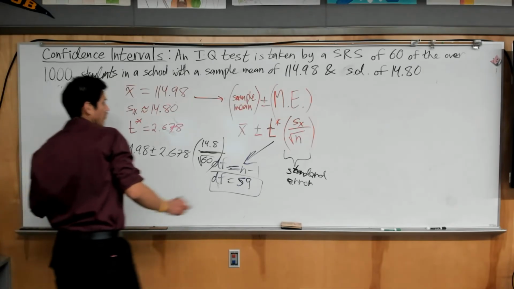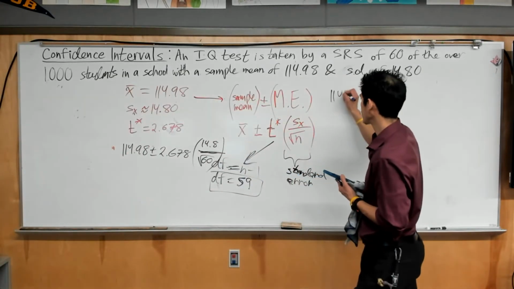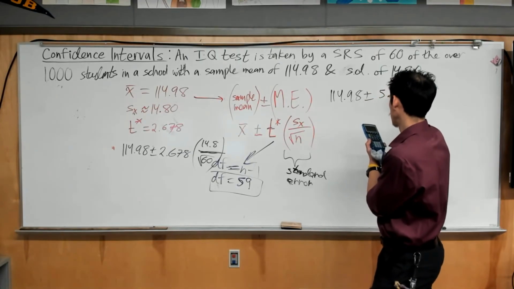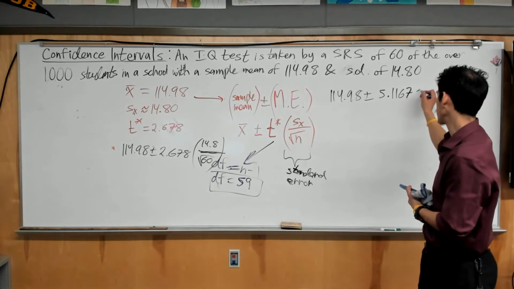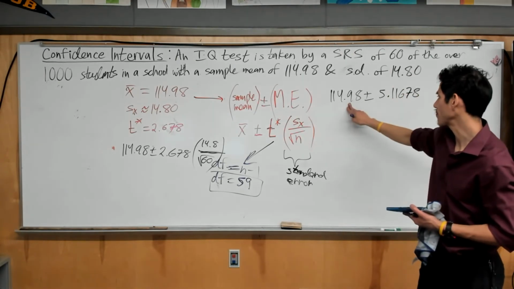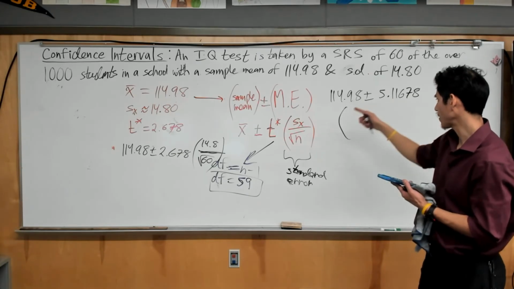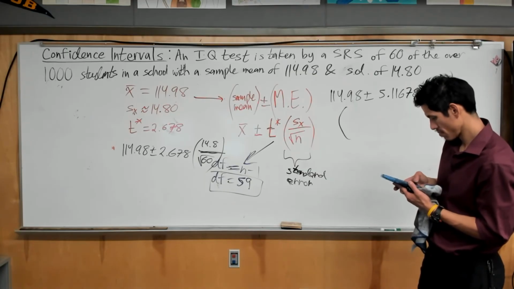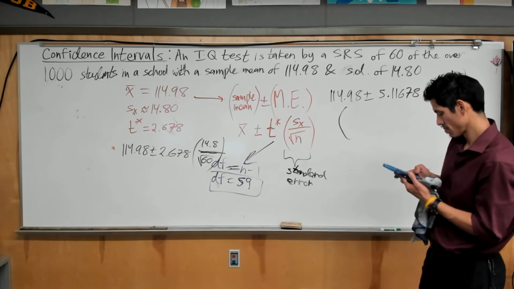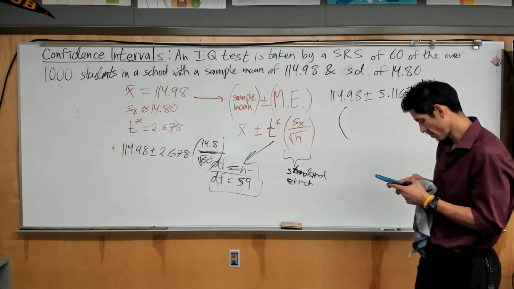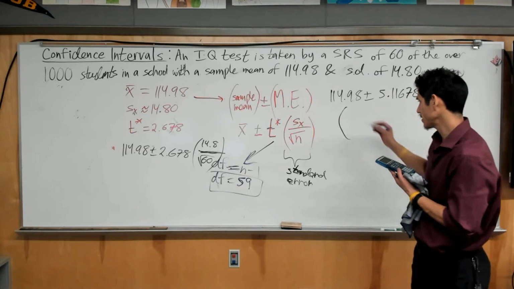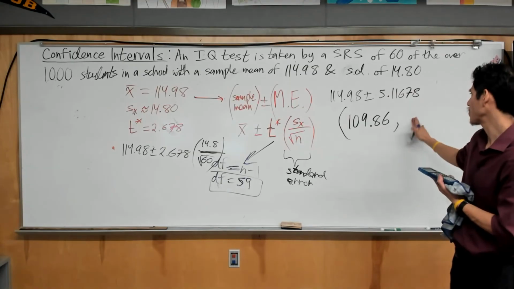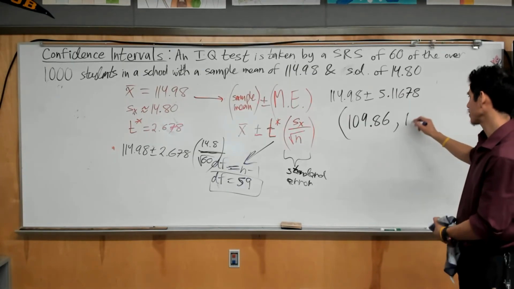So we get 114.98 plus minus 5.11678. Again, we add and then subtract from here. For the lower bound, subtracting this from that, 114.98 minus 5.1167 is 109.86 for the lower bound. And the upper bound will be 120.096.